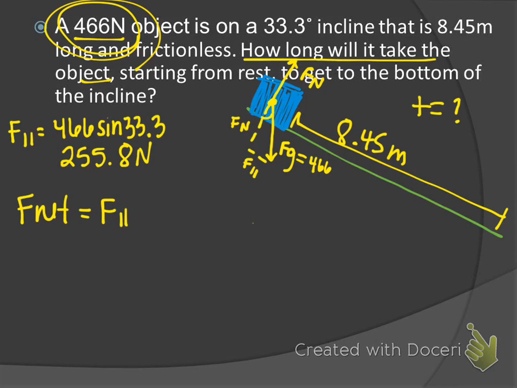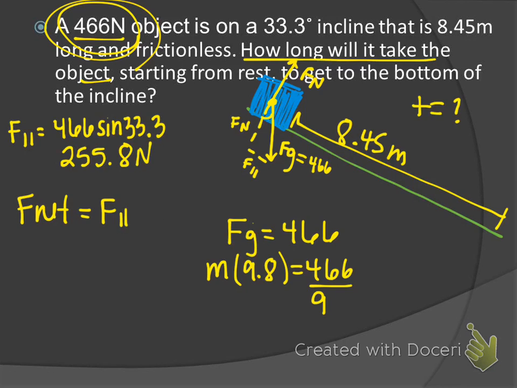That's fine. You can put it there if that makes you feel better. But we don't know the mass, do we? Because we know the weight. Good. If Fg equals 466, we're going to take mass, which we're trying to solve for, times 9.8 equals 466. So we need to divide that by 9.8 to solve for our mass.